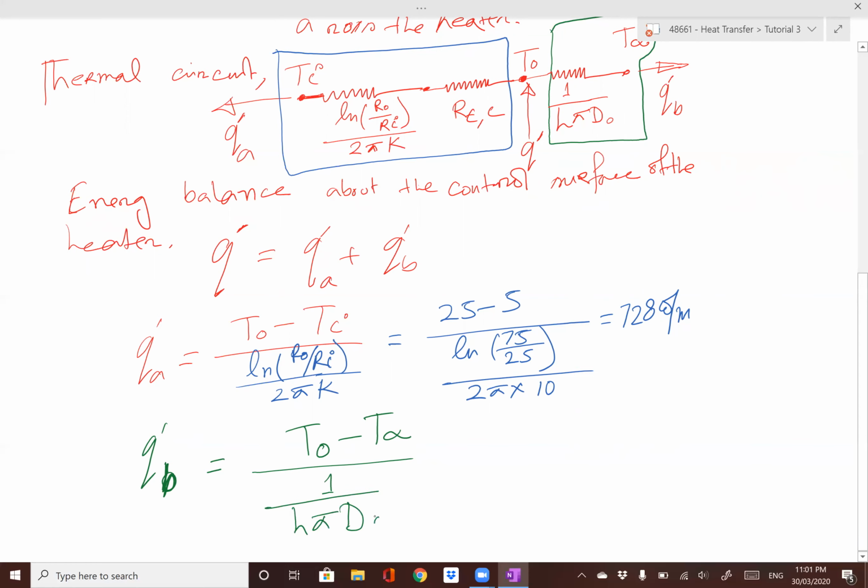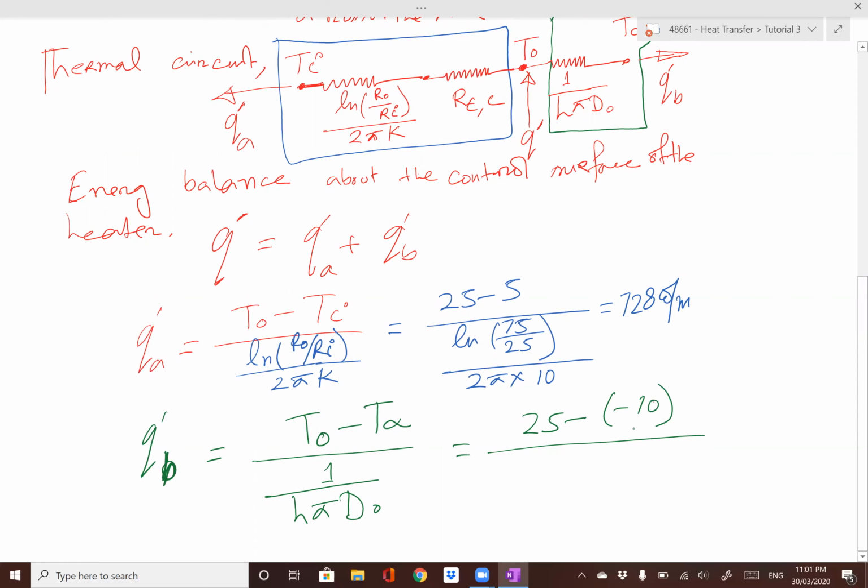So now here this one given 25 and outer fluid temperature given -10, and convection heat coefficient is given 100, pi, and diameter outer is given, so radius given, so 2 times outer radius, so 75 millimeter.